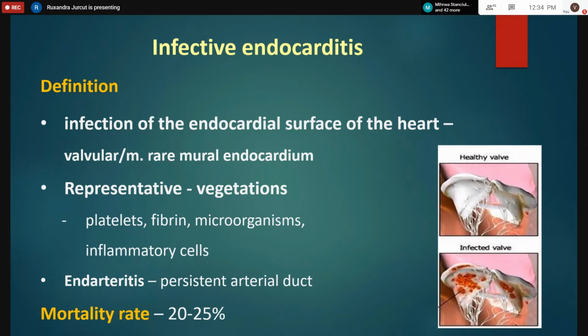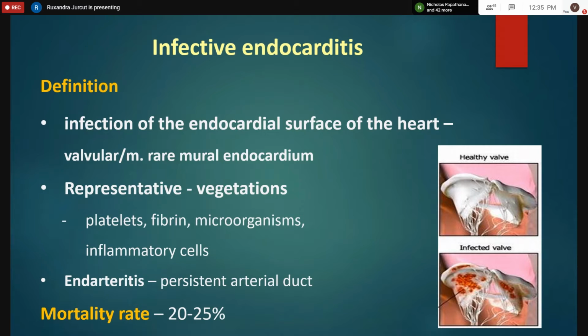You can see in this drawing on the side, a normal healthy valve is a smooth structure, while in an infected valve there could be small vegetations on the surface, on one or several cusps. You will see echocardiographic images, and you will understand that these vegetations might be very small at the beginning, but usually grow to be quite large.